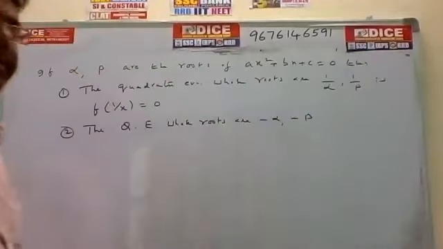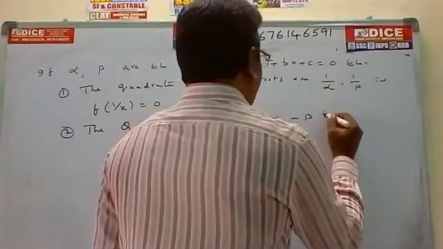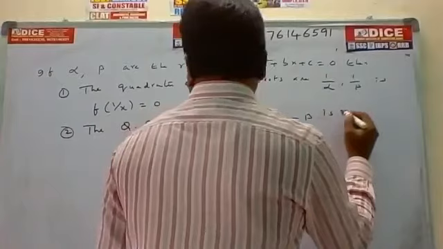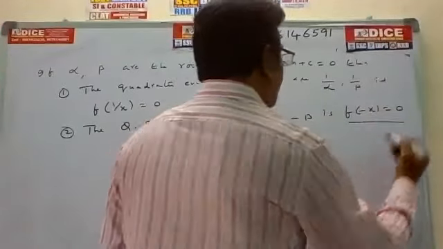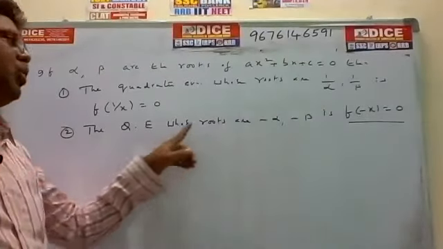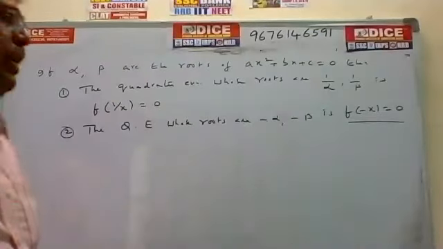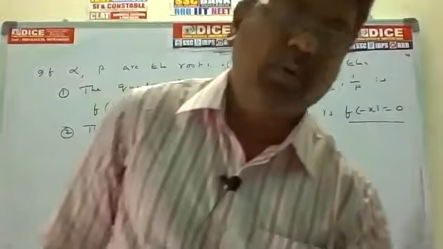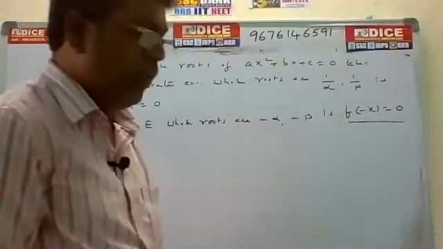The quadratic equation whose roots are minus alpha, minus beta is f of minus x is equal to 0.